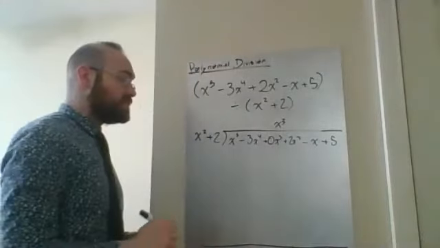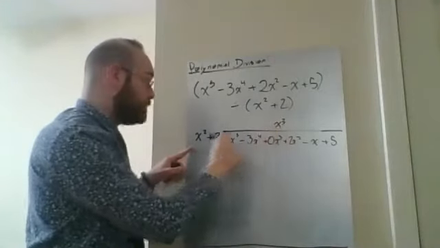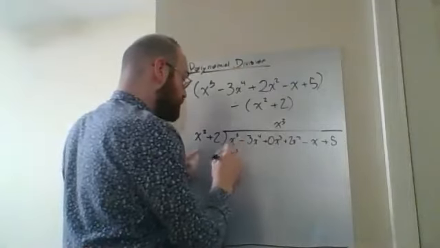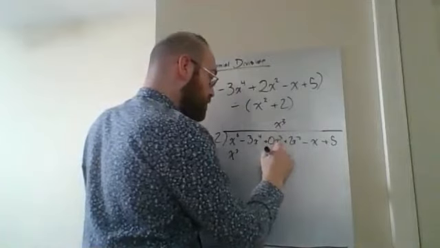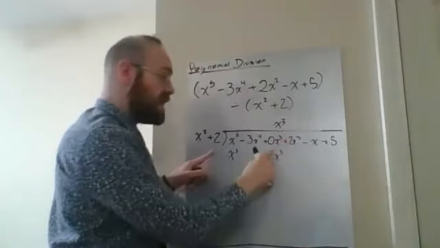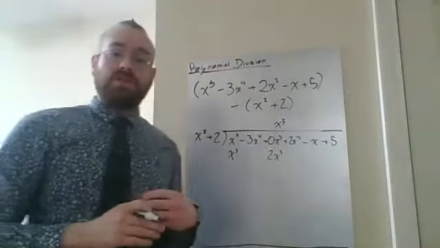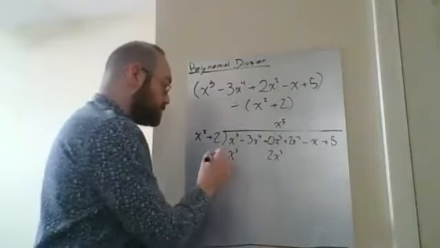And the next step is to multiply the divisor by what we just wrote down. So x squared times x cubed is x to the fifth. And then 2 times x cubed is 2x cubed. And again, I'm lining it up with the factor above. Now, once we've done this multiplying, we have to subtract.